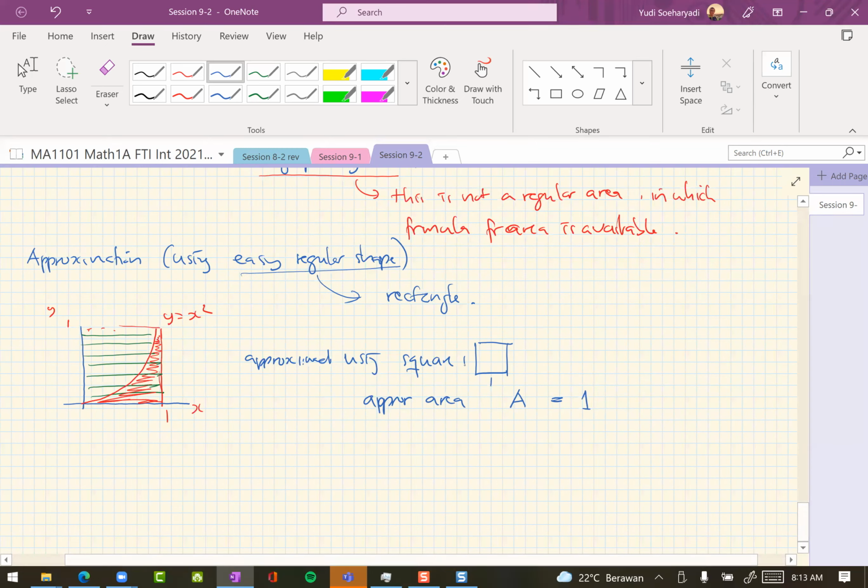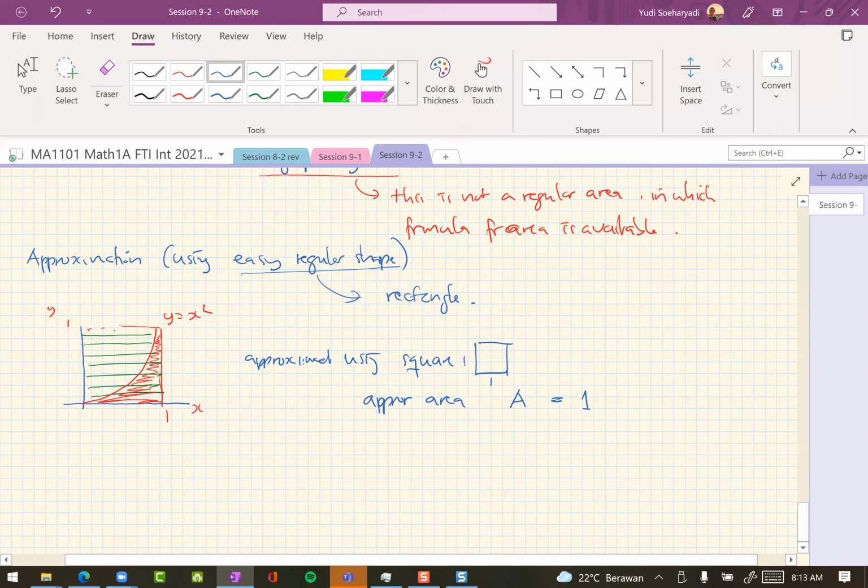And from the picture, you have already seen that if you have approximations, then automatically you have errors. You cannot avoid errors.